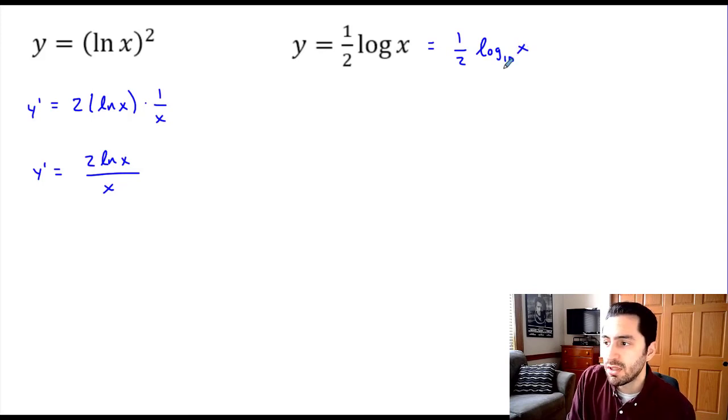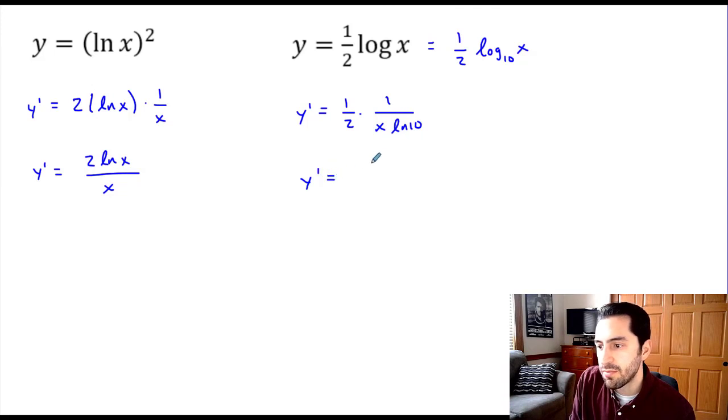So as long as I know that the base here is 10, I can use my rule to find the derivative. So y prime, we still have our 1/2 out front, and then multiplying by the derivative of the log of x, we get 1 over x times the natural log of 10. And I'm going to combine those two fractions together. So we get y prime equals 1 over 2x times the natural log of 10.